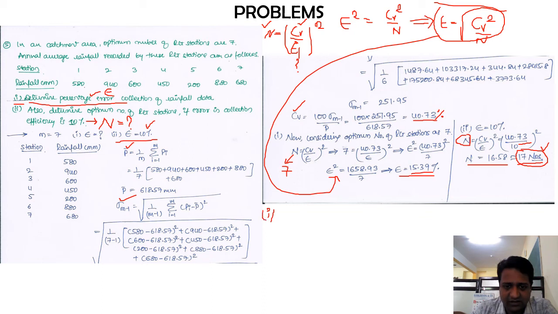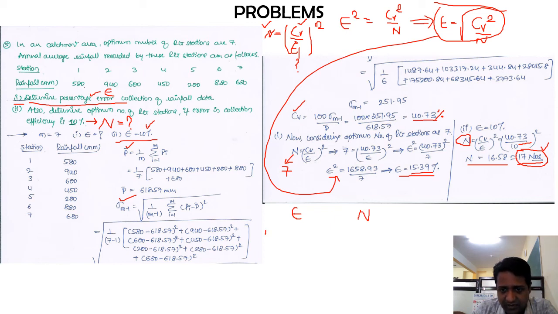If I just say error, and one more part as the optimum number of rain gauge stations.